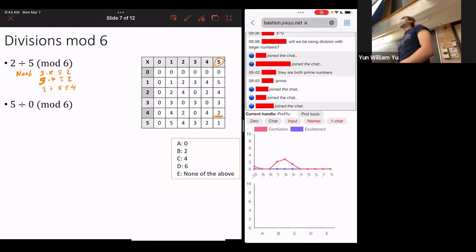What about 5 divided by 0? I'm going to remind you all that weird stuff happens when you divide by 0 in the integers. So you should actually go through the procedure. What is 5 divided by 0?